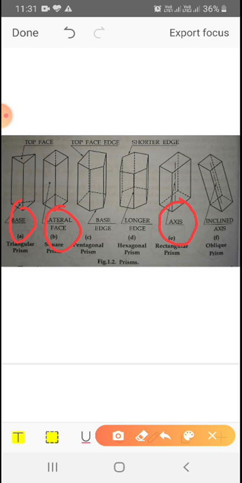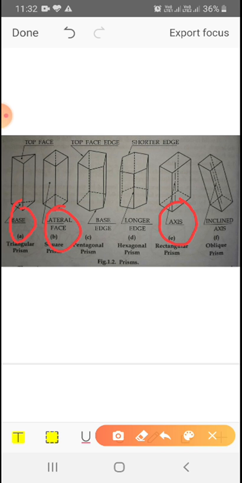One more important part to discuss is the axis. The axis is the imaginary line connecting the centers of the end faces. Now let us discuss the shorter edges.